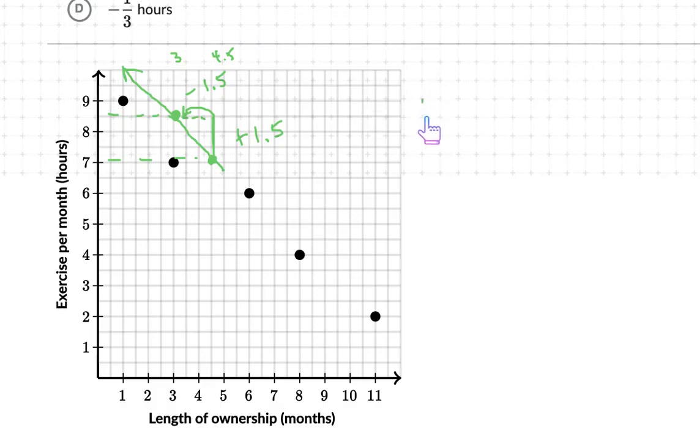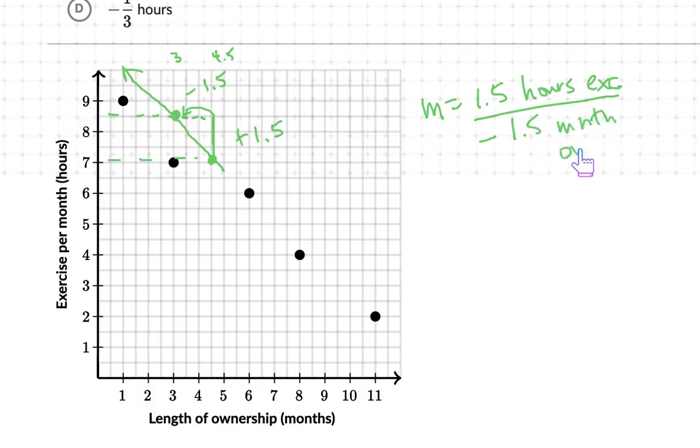Okay, so the slope, m, is equal to the rise of 1.5 hours of exercise for every, let's say, decrease of 1.5 months of owning it.